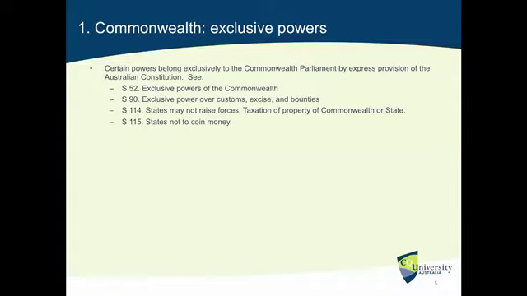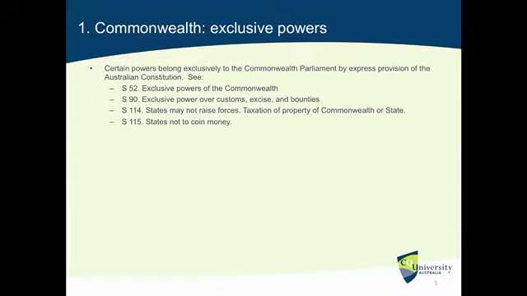So the power to raise or maintain any naval or military force belongs to the Australian Commonwealth Parliament, as well as the power to impose any tax on property of any kind belonging to the Commonwealth, which also belongs exclusively to the Commonwealth Parliament.